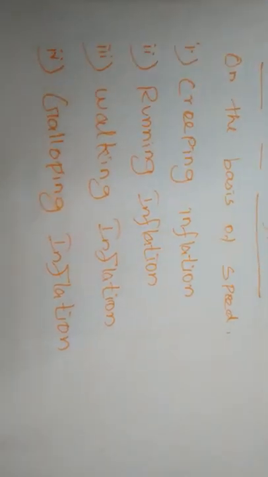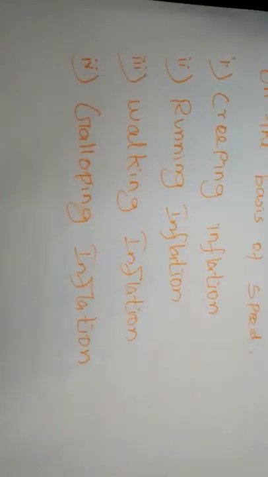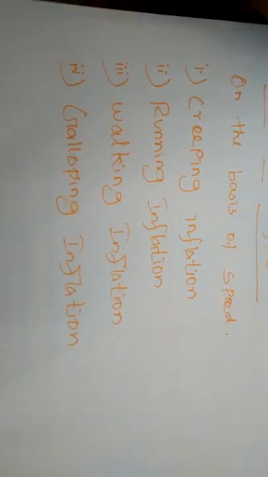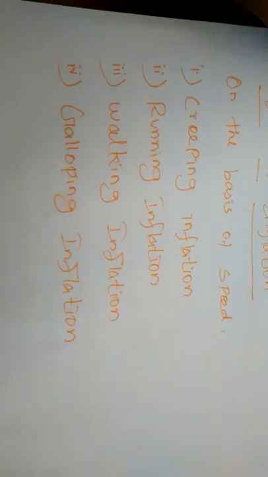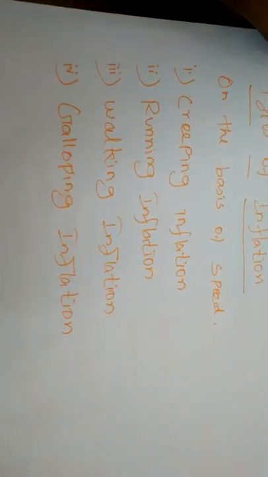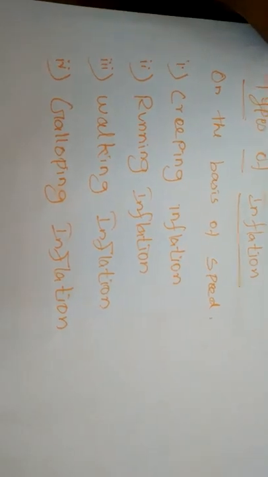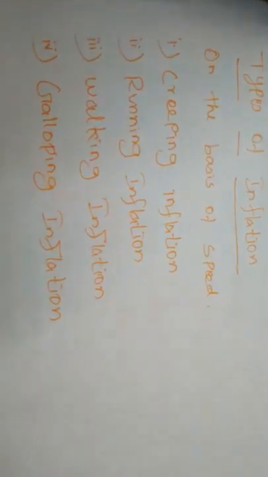Next, running inflation. In this situation, prices rise rapidly, like the running of a horse at speed, at 10% to 20% per annum. It is called running inflation.